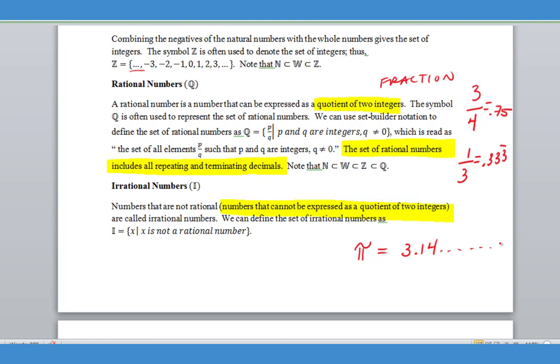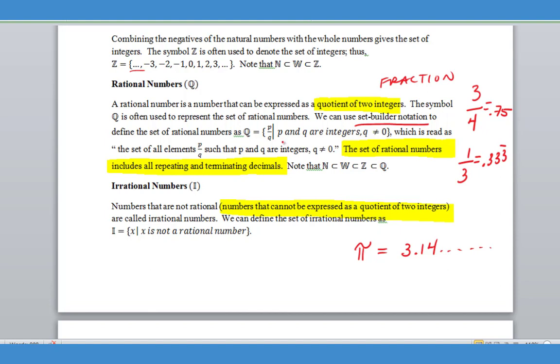Okay. Now, if you notice in the definition or the description of rational numbers and irrational numbers, we have a couple of different symbols in there in the set, and we call this set builder notation. Now we're just going to introduce this concept to you in Algebra 2. They'll probably go into more detail about set builder notation in advanced math, but let's just look at how this reads.